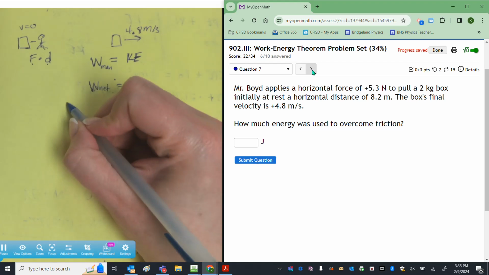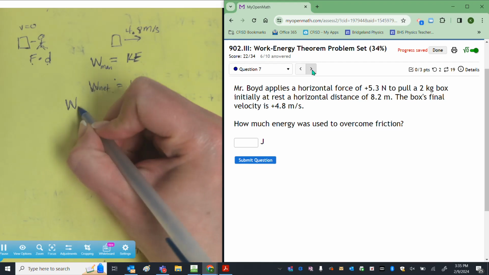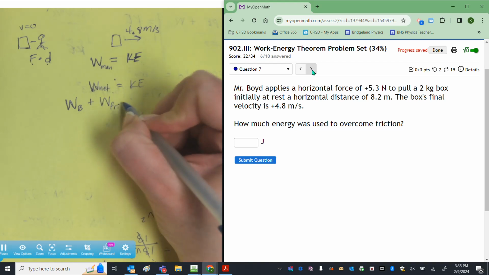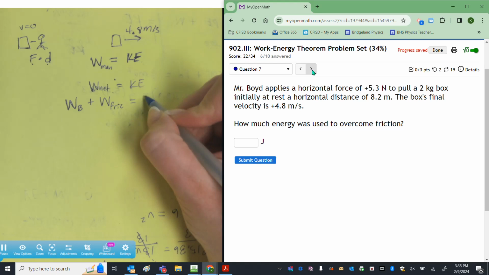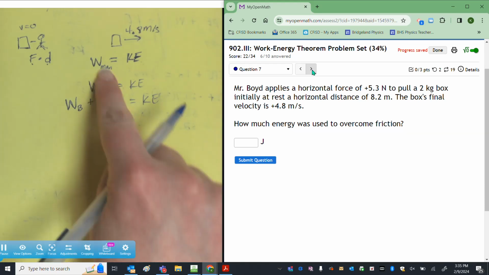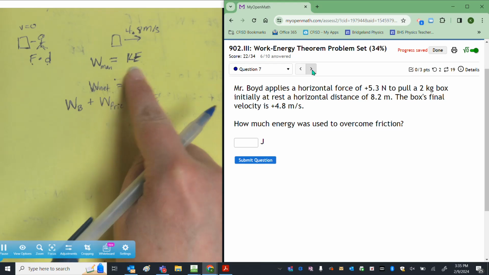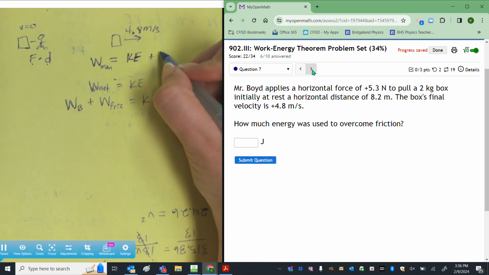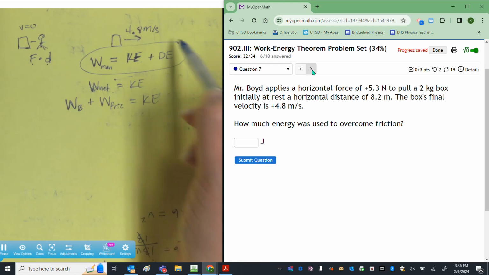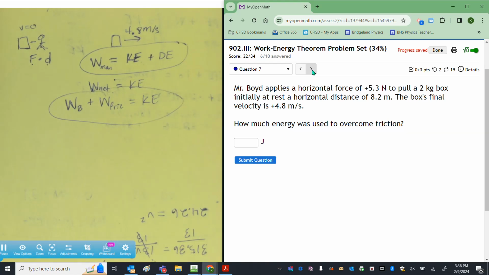There's the work done by Mr. Boyd, and there's the work done by friction. And those 2 together could equal this. Or you could write the equation, the work done by the man equals the KE, and see if there's a difference and look for that dissipated energy. These are 2 different ways of writing the same thing. You're going to get the same answer no matter which way you do it.